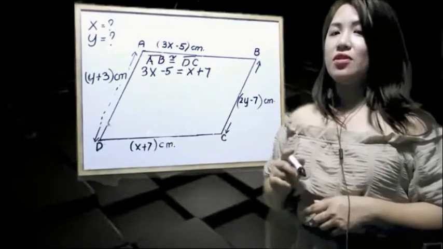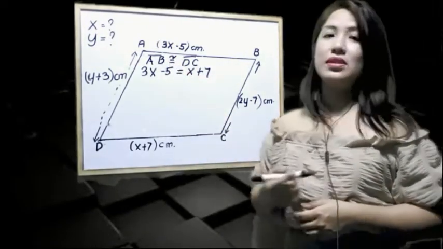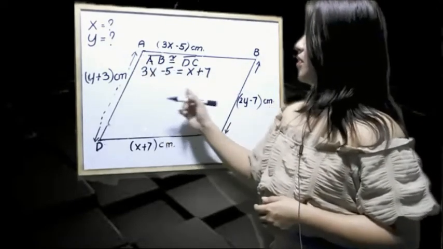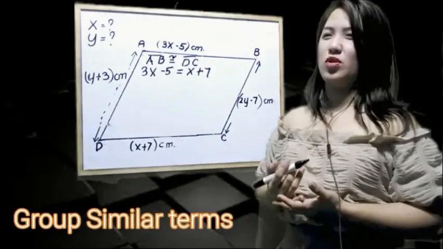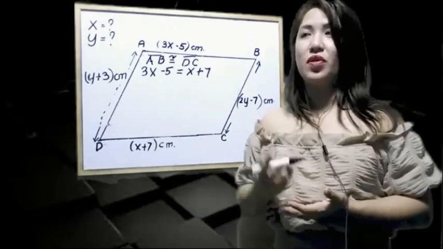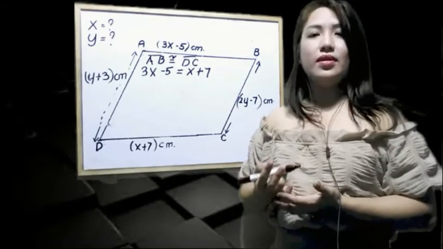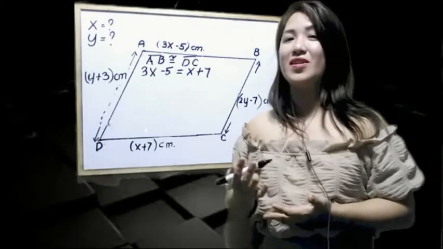The very first thing that you must remember, or the second thing that you must remember other than writing first the congruency statement, is this. You have to group similar terms. So what are those similar terms? When we say similar terms, you cannot add two different terms, right? Just like, for example, in adding objects, you can only add objects if they are similar.